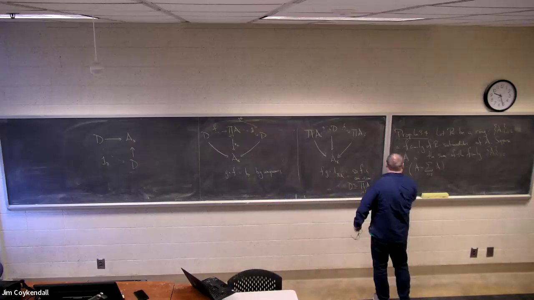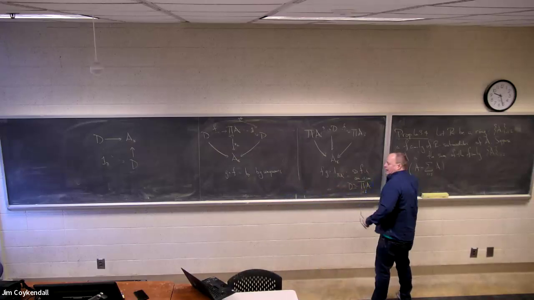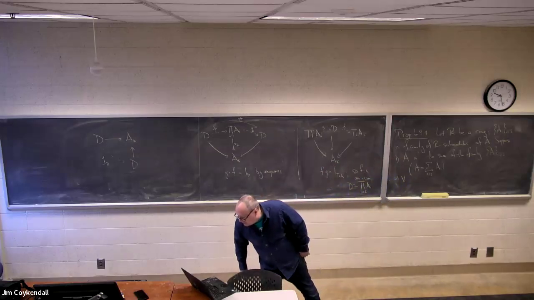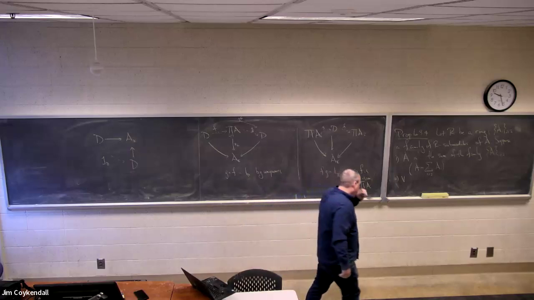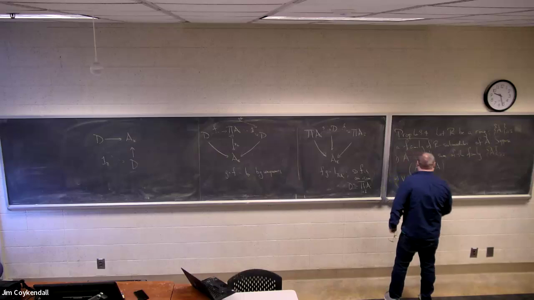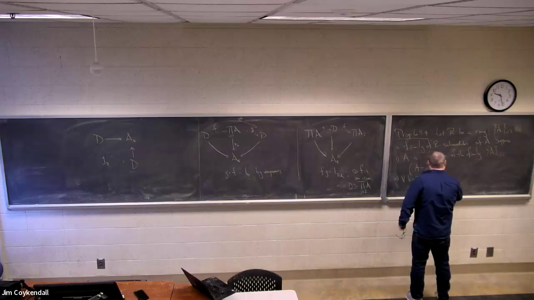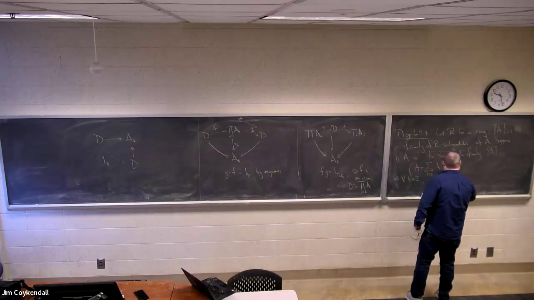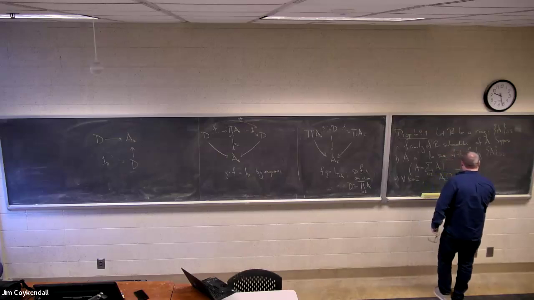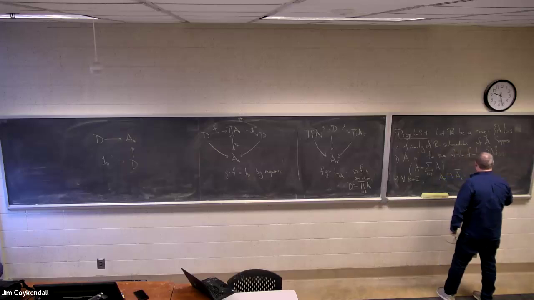Two. Let's say for all k in the index set, A_k intersect A_k bar is 0.